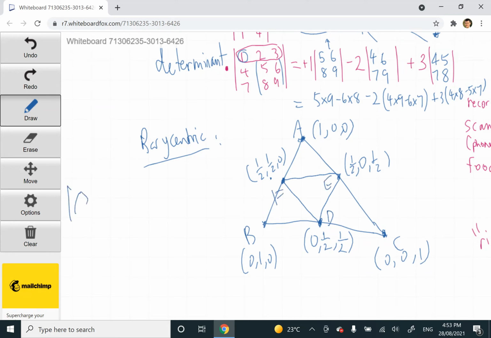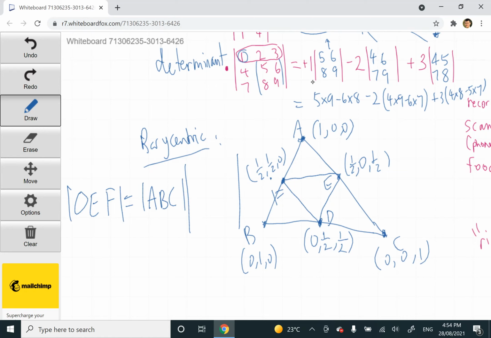The area of triangle DEF is equal to the area of triangle ABC times the determinant. So think about the general version of this formula; I'm just going to write it for this. You just put the coordinates of D, E and F into the determinant, perhaps in a clockwise or anti-clockwise order. You might get the wrong sign, but it should give the same number, okay?